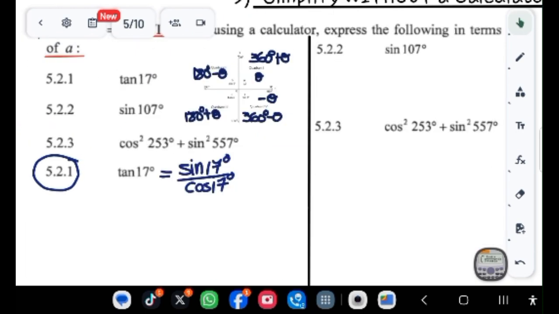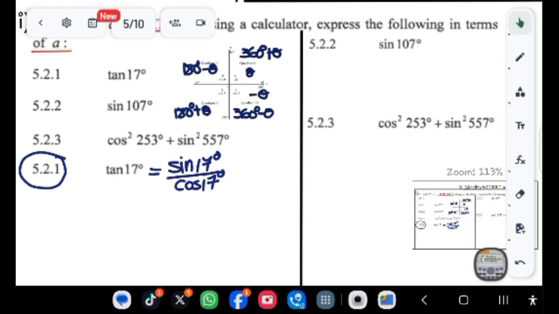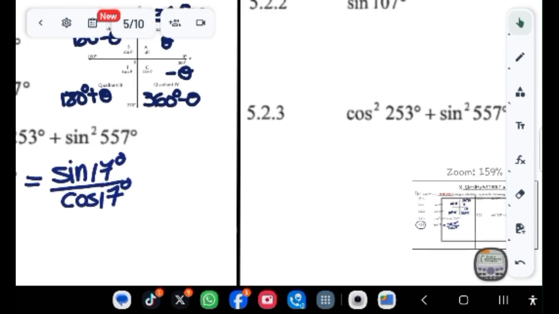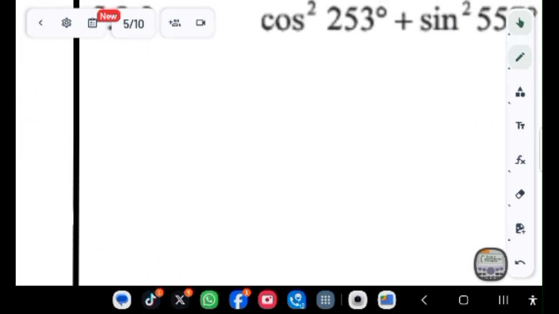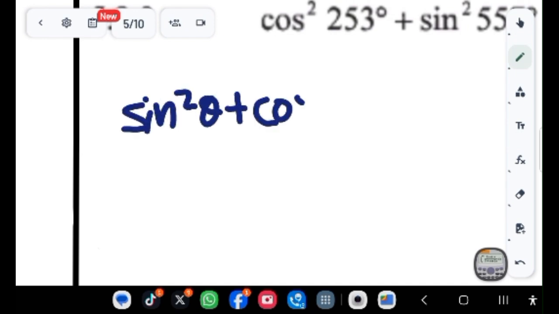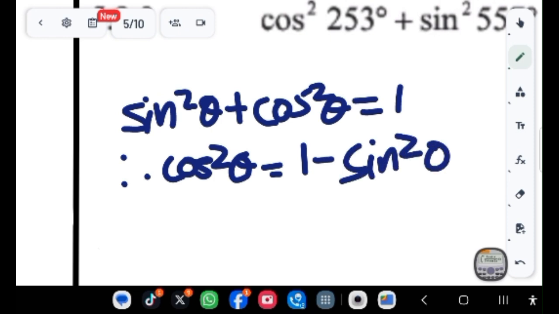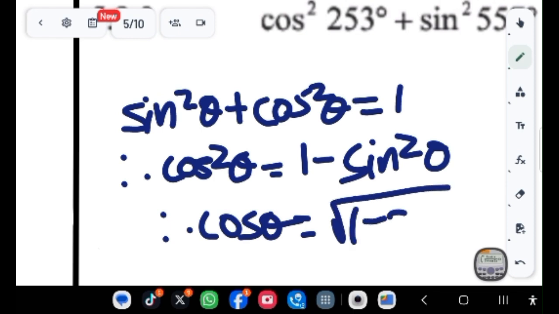Now, to express cos of 17 in terms of the sine of theta, we use the square identity. Remember, the square identity says sine squared theta plus cos squared theta equals 1, therefore cos squared theta is 1 minus sine squared theta, meaning the cos of theta equals the square root of 1 minus sine squared theta, and that's how you do it.